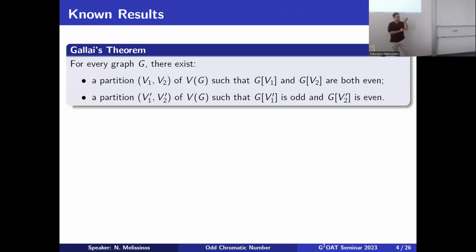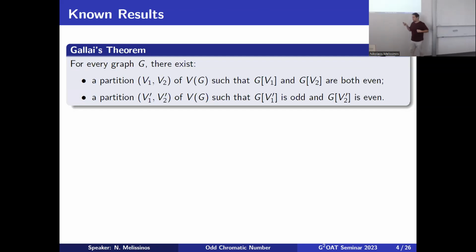What is known? One of the first results related to odd and even chromatic numbers is one of Gallai, from the 60s or something. The result was that you can partition any graph into 2 sets such that those 2 sets both induce even graphs.